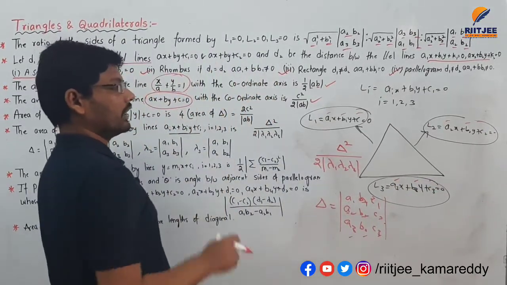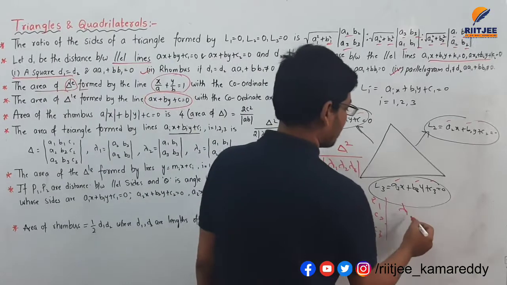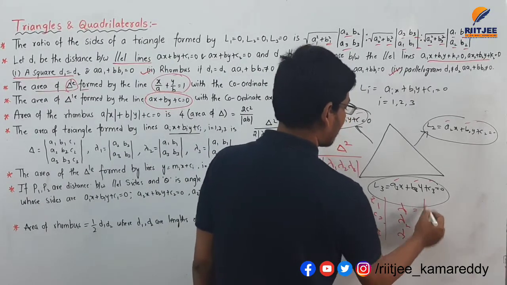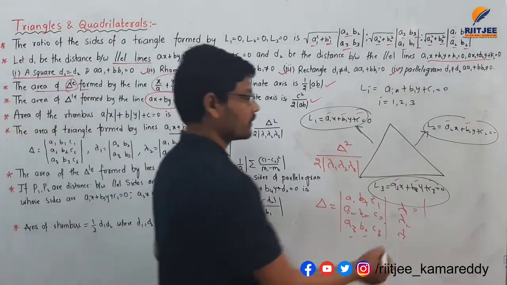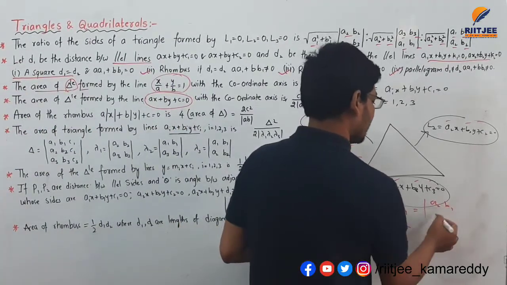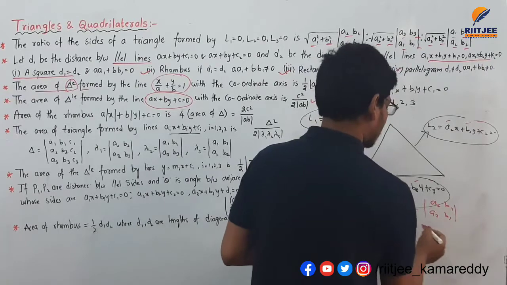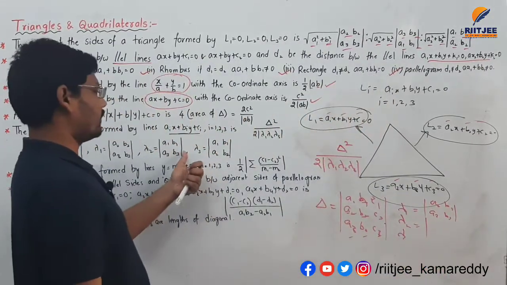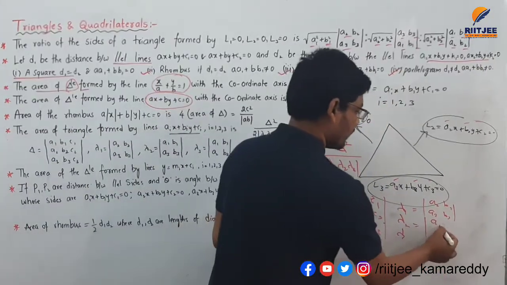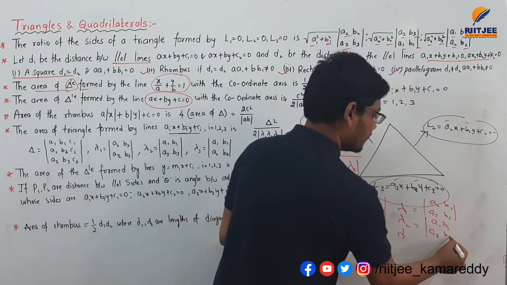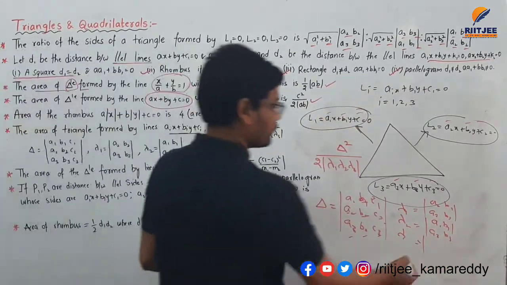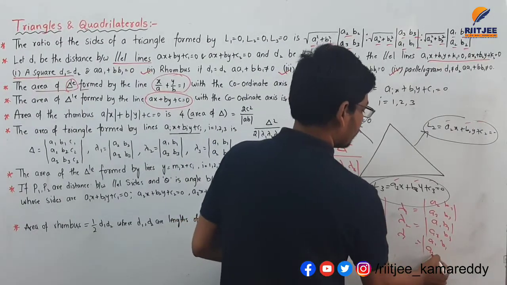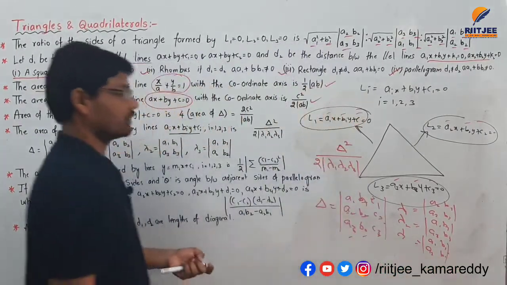And we have 3 more values, lambda 1, lambda 2, lambda 3, where lambda 1 is the modulus of the determinant A2, B2, A3, B3, and lambda 2 is the modulus value of A1, B1, A3, B3, and lambda 3 is the modulus value of A1, B1, A2, B2. These are the lambda values.